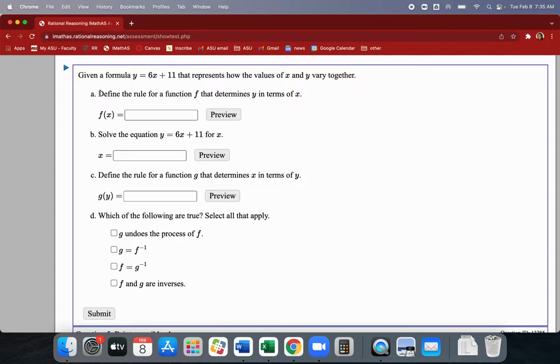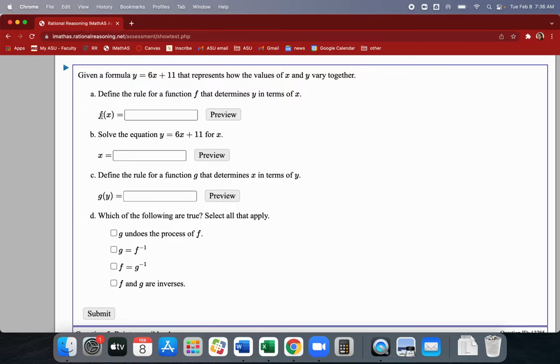Now, the first thing it says: define a rule for a function f that determines y in terms of x. That's a lot of words just to say write the same thing, because determines y in terms of x means my formula should involve just the letter x, and the output from the formula should be y. So that's exactly what we have written here. 6x plus 11 is a formula in terms of x whose output is y.